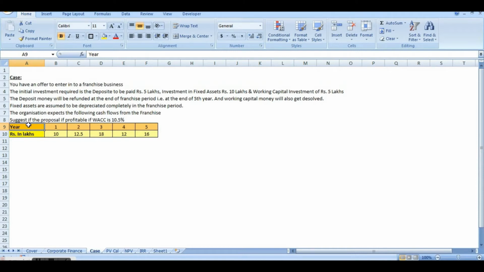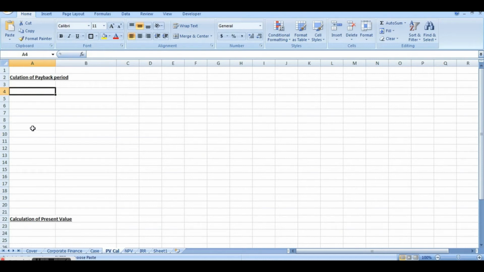Now when you have to copy certain data, and the data is say for example in the horizontal format and you want to convert it into vertical format, in that case there is one function available in Excel which is called the transpose function.